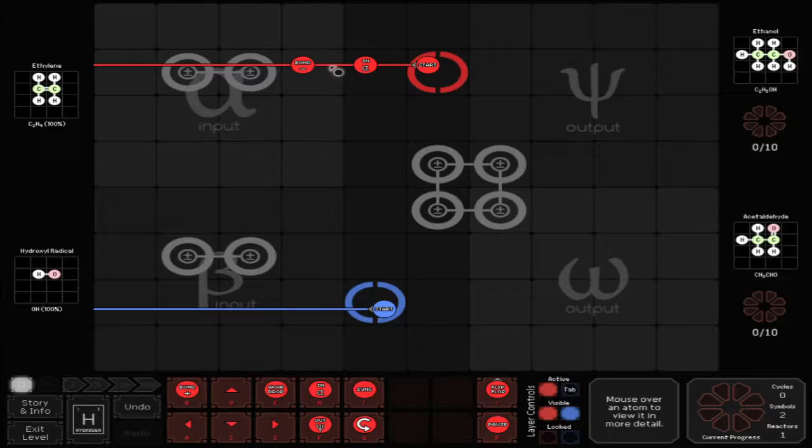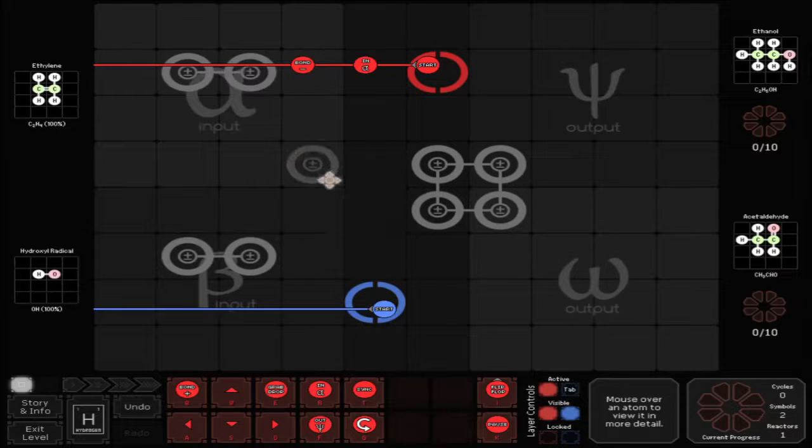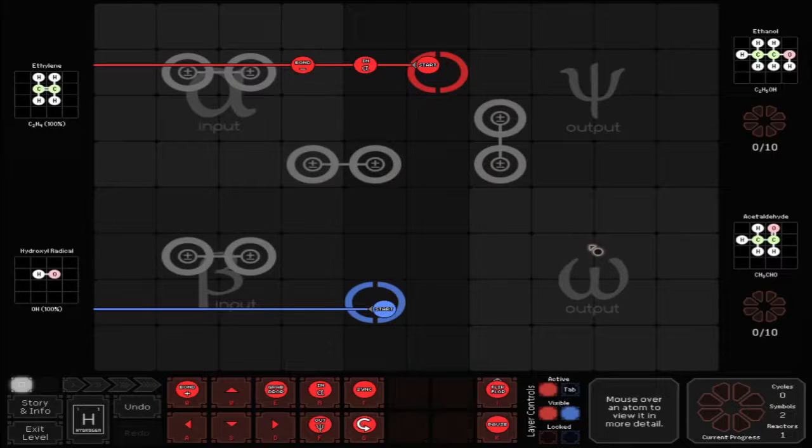Alright, let's at least start building. Let's put 2 bonders here, the final 2 here. And I think I can build around this.